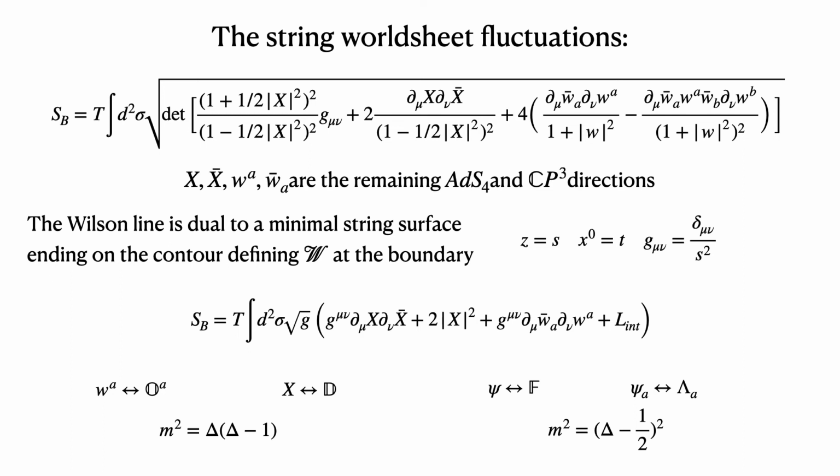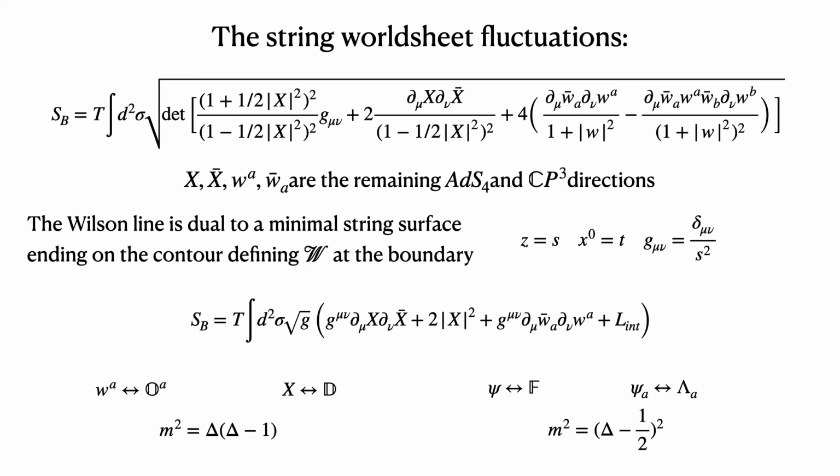This is the usual Nambu-Goto action, where x bar, w, and w bar are the remaining AdS4 and CP3 directions. We then expand this around small values of x and w, so that we find an action that's effectively that of propagating fields on an AdS2 space.